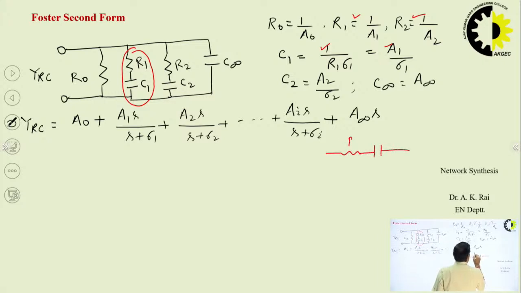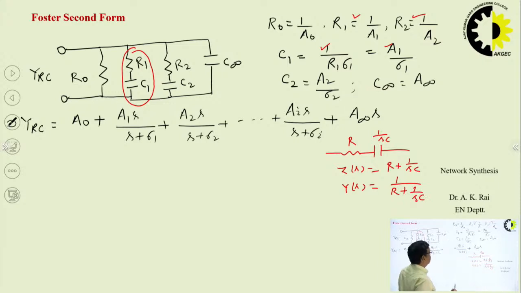R, and this is 1 by SC converted into S domain, then Zs is R plus 1 by SC, and then Ys is 1 by Zs, 1 by R plus 1 by SC.